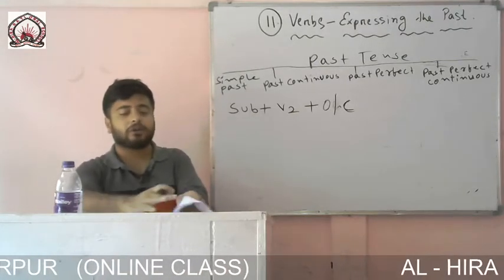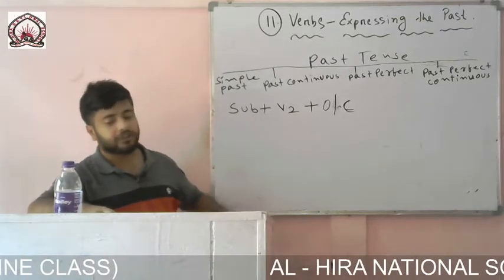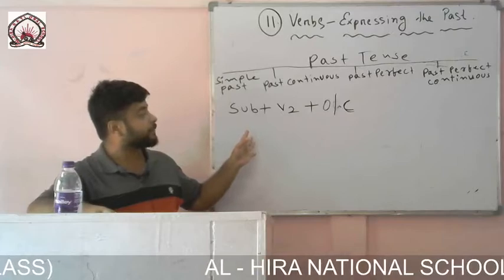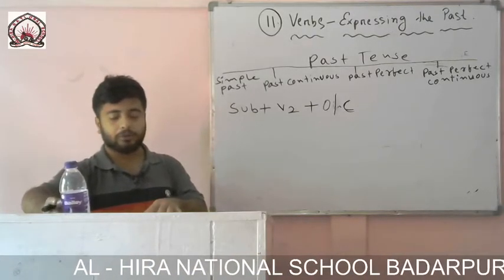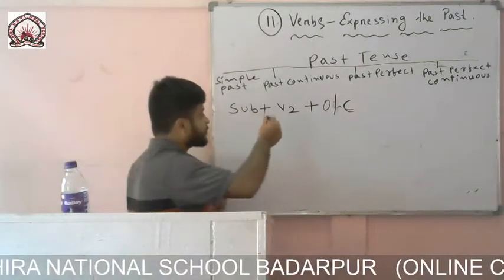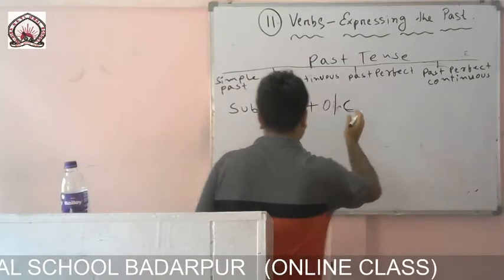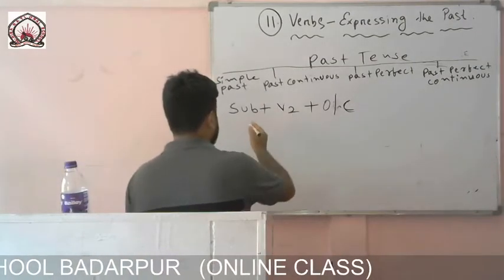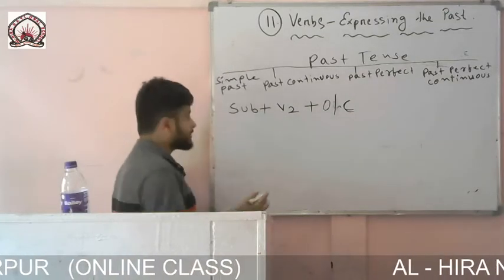And the formation of simple past I have written on the board. The formation is subject plus verb 2 plus object or complement. Now, I will write a sentence with the help of this formation. We know what subject is: about whom we talk in a sentence.